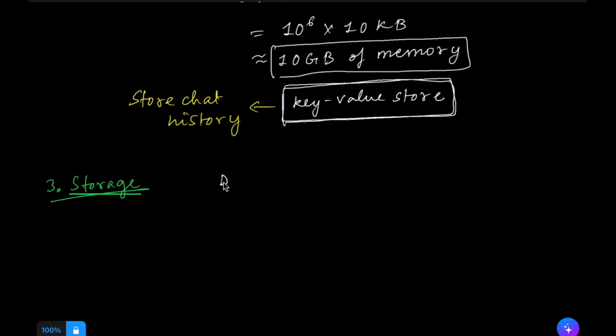For a chat application we have basically two types of data. One is the generic data.